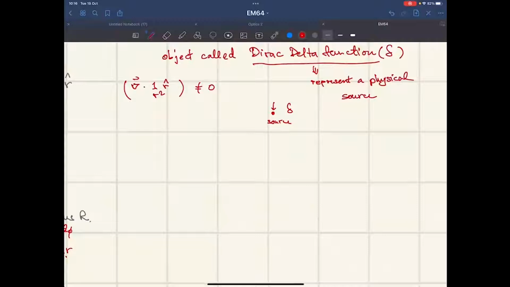First, we consider the one-dimensional Dirac Delta function.